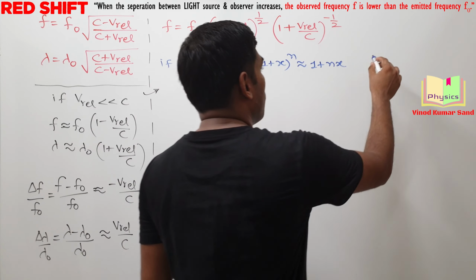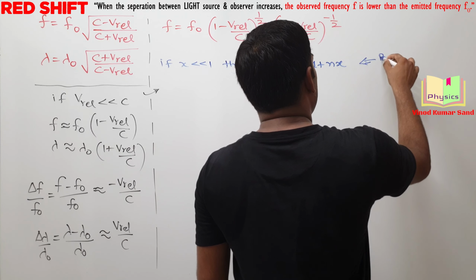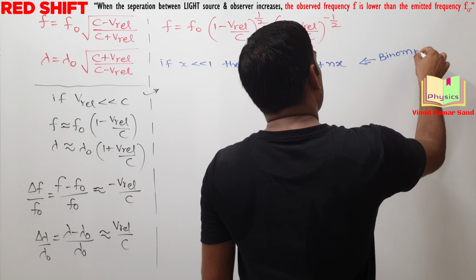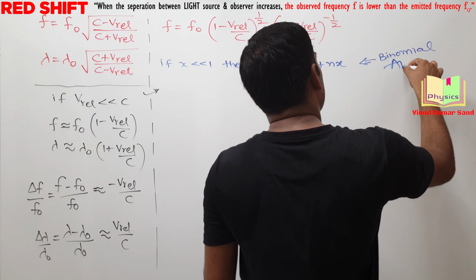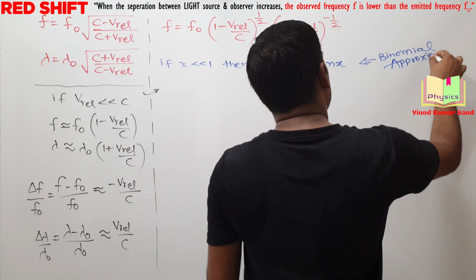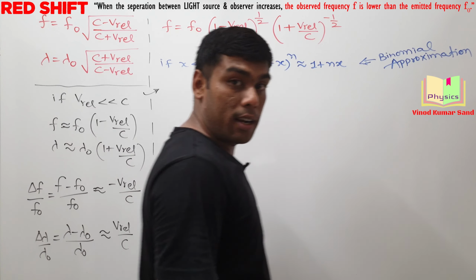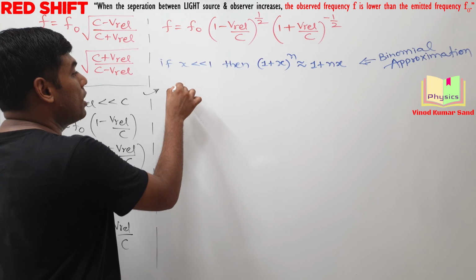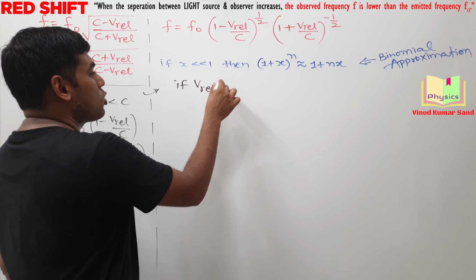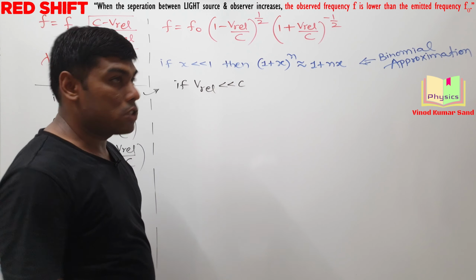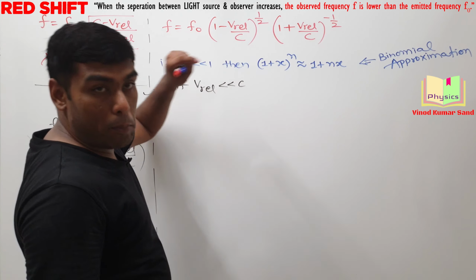We call this the binomial approximation. So in a few questions we'll get the condition that v relative is much smaller compared to c. Then we can use the binomial approximation here.